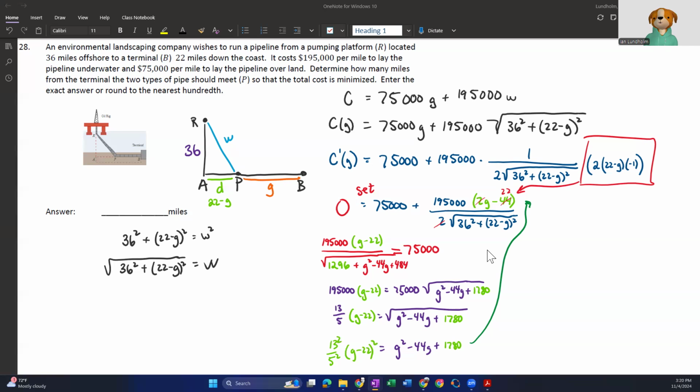All right, so this is 169 over 25 times, let's do g squared minus 44g plus 484, with that g minus 22 thing going on. And that equals the other side, g squared minus 44g plus 1,780.